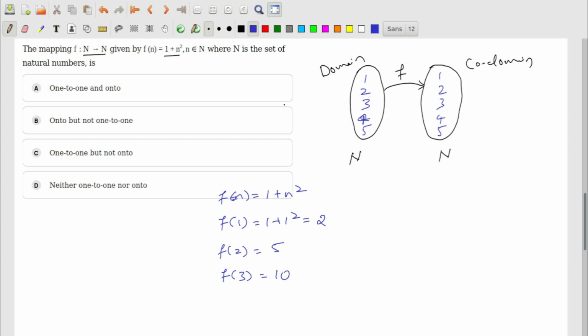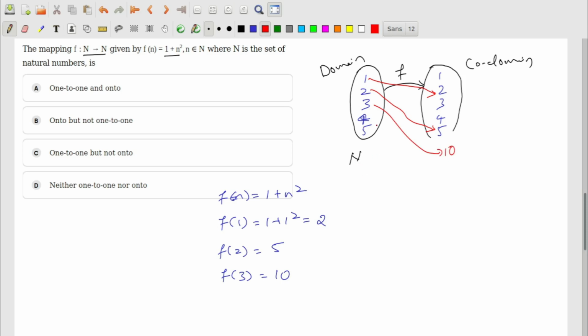Let me map it here. 1 is related to 2, and then 2 is related to 5, and then 3 is related to 10 here. Okay, it goes on.